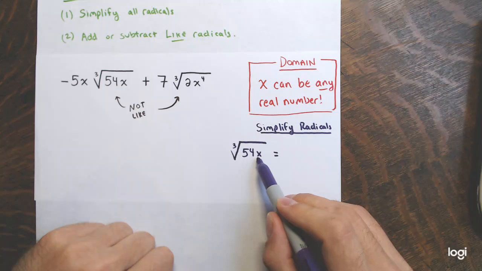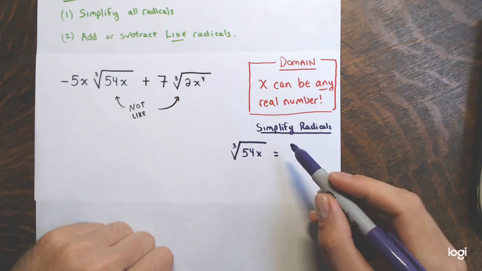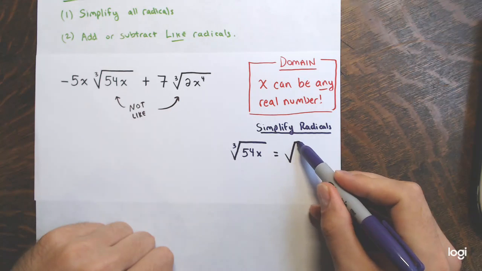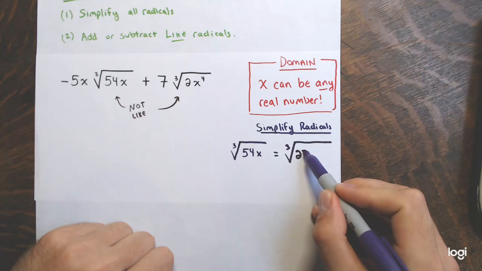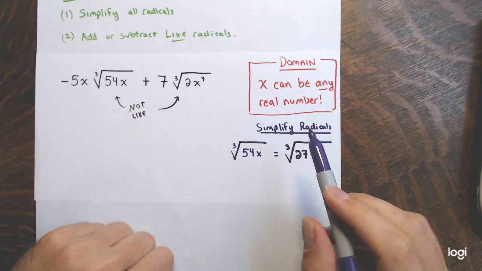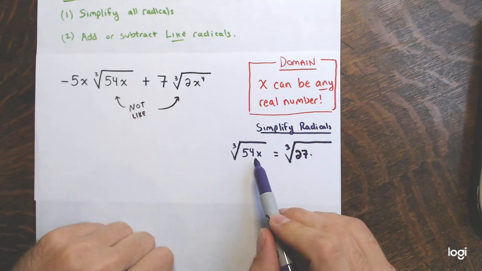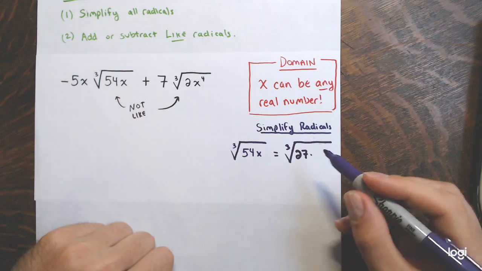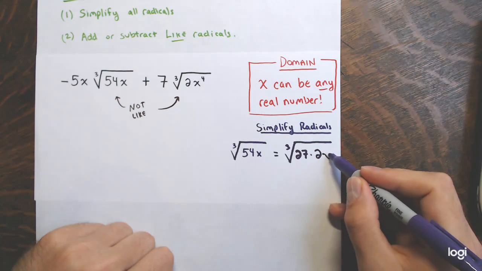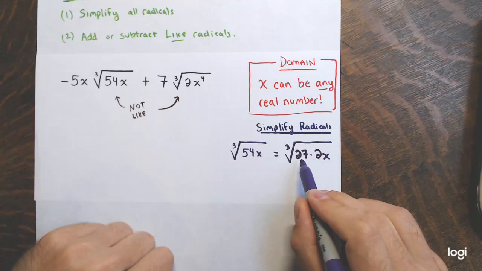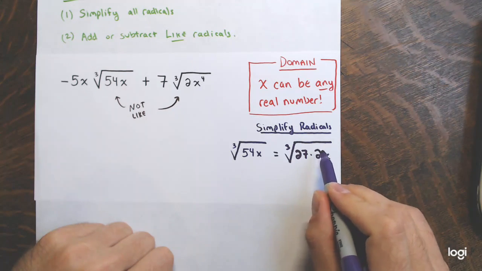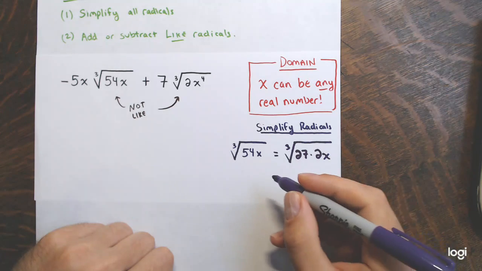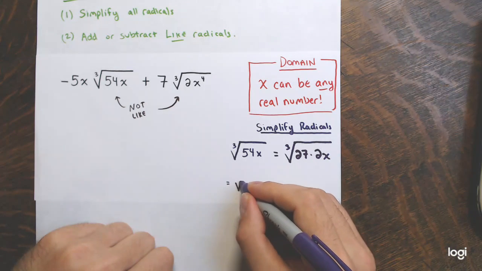And that seems to be the only thing in here that is going to be raised to a power that's a multiple of 3. So I'm going to break up that radicand into my perfect cube factor, 27, times the non-perfect cubes. 27 times 2 times x would give me 54x. So there's the perfect cube factor, and then the rest of it, which are not perfect cubes, 2 to the first, x to the first. Then I use that product property and split this up.